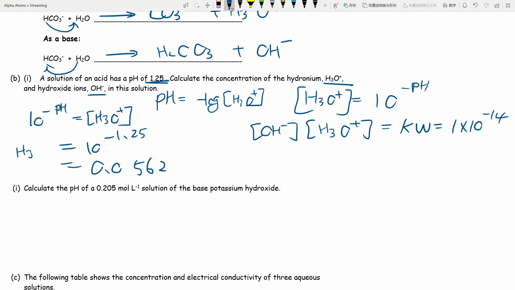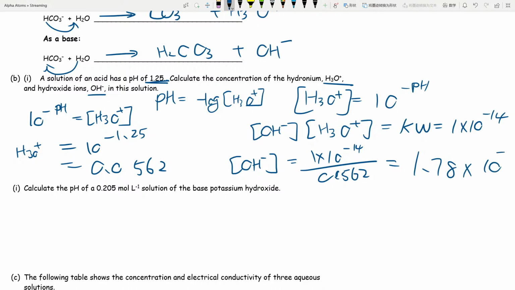That's the H3O plus concentration. Now to figure out OH minus, you just use 1 times 10 to the power negative 14 divided by the whole thing that we just did, not just the number that I'm writing down. You should divide by the whole bracketed answer, and then you should get 1.78 times 10 to the power of negative 13. Remember the units.